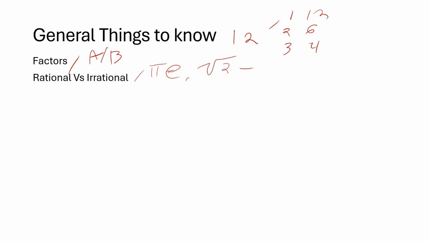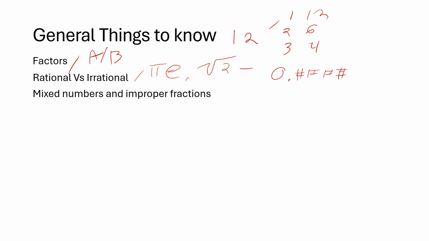Their digits just keep going and going, and there's not an actual definite ending. That is what an irrational number is. If it doesn't end, it's not rational. I don't really know how to explain it that well, but that's the general concept.